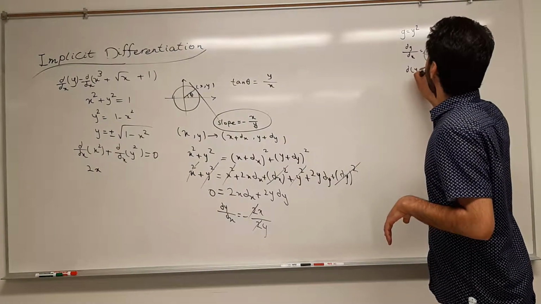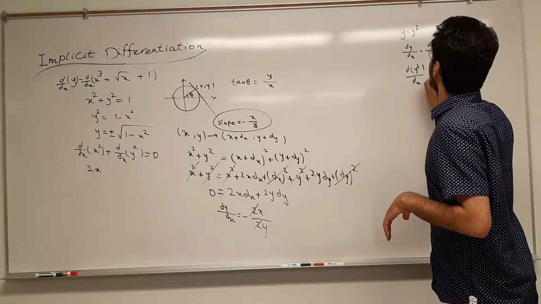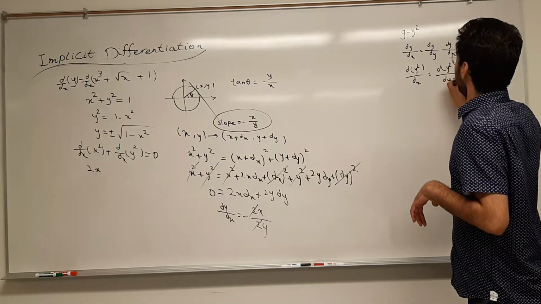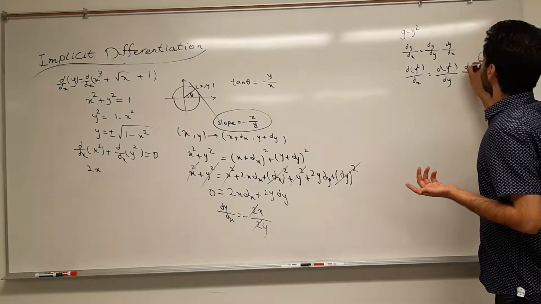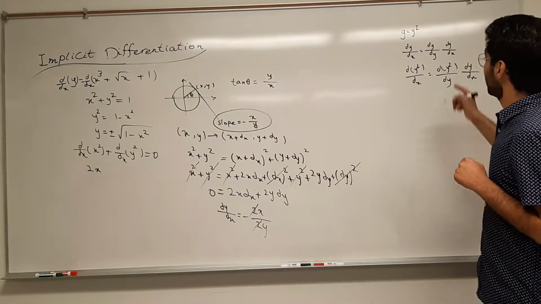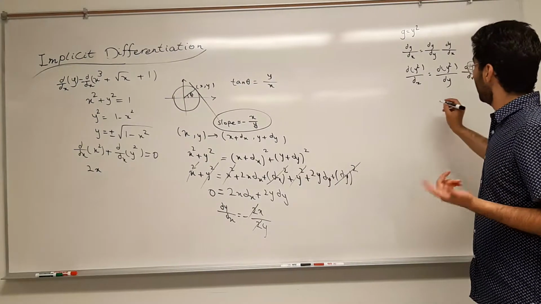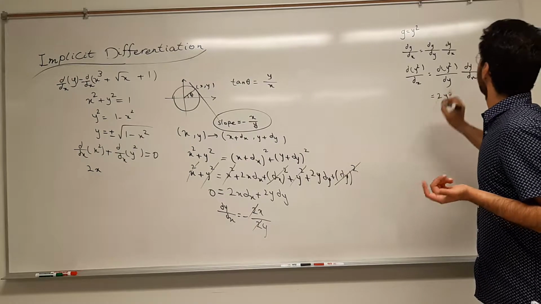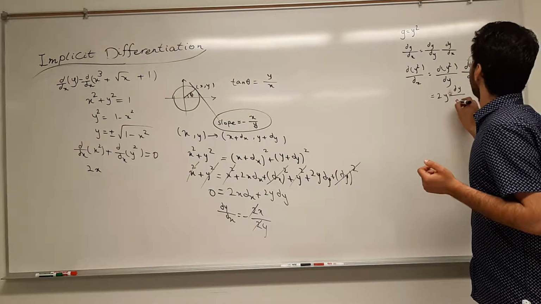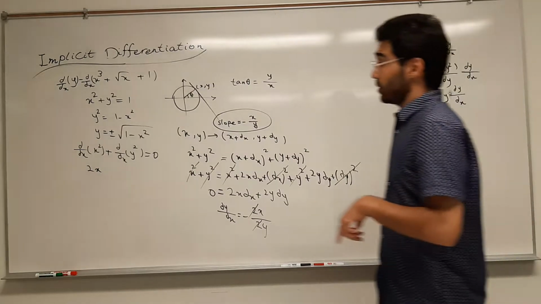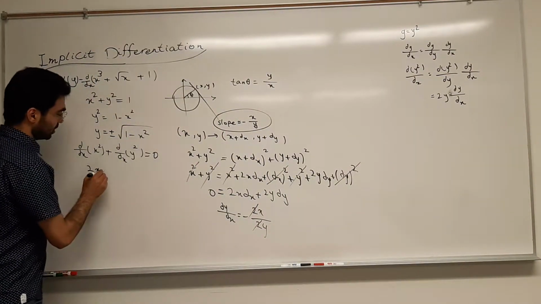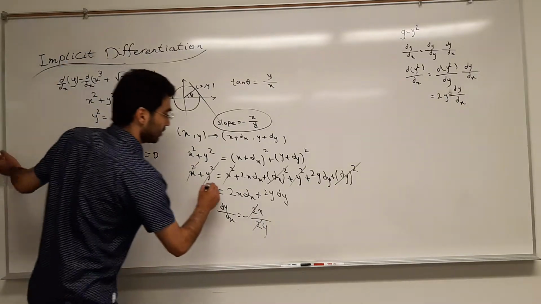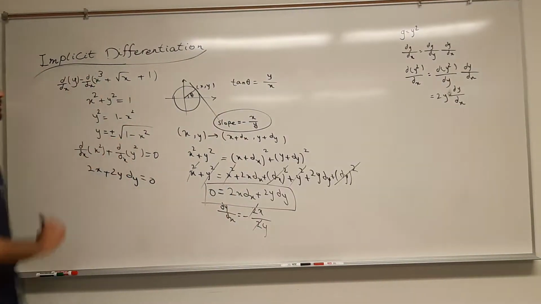So d of y squared with respect to x is d of y squared with respect to y times dy dx, or y prime. d of y squared with respect to y is 2y, times dy dx. So we get 2x plus 2y dy dx equal to 0, which is the same as the equation we got here.